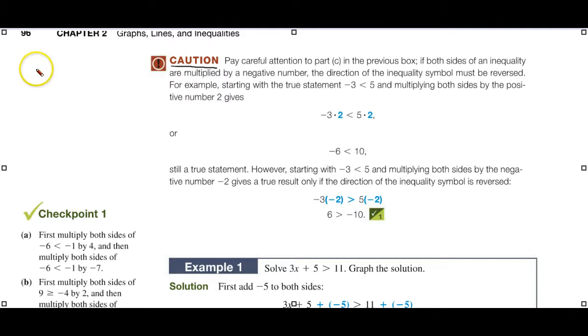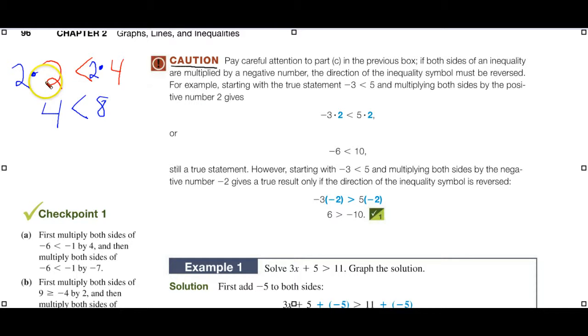Now, we do have a caution about when we are doing inequalities. The one difference that we find from solving equations and inequalities is this, and I'll illustrate it for you. We know that 2 is less than 4. And if we multiply 2 on this side by 2, and on this side by 2, we get 4 is less than 8.